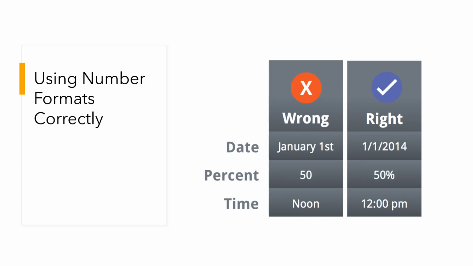Percentage is the most important though. If you have a value that you need to know is 50%, you need to make sure that you have indicated it as percent. So you want to add the percent sign, and then in merchandising math, we generally also always go to 50.0% or whatever the decimal is, and we always go to 1 decimal point. So if you use your number format and you tell Excel that a number is a date, a percentage, or a time, these are the defaults that it will go to.